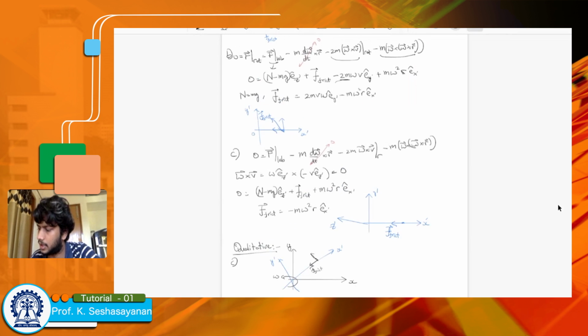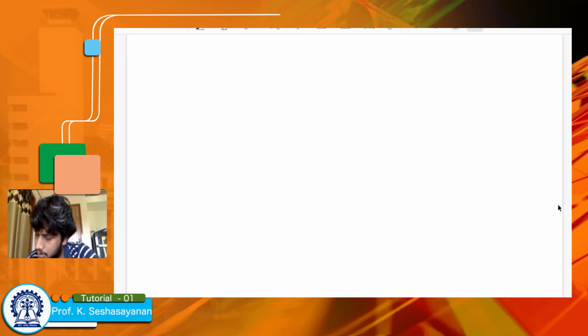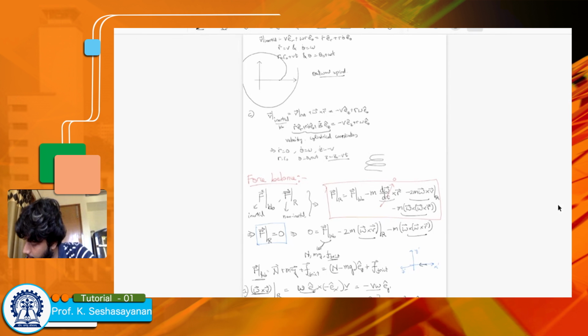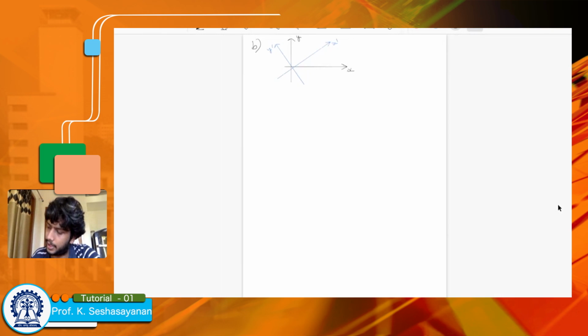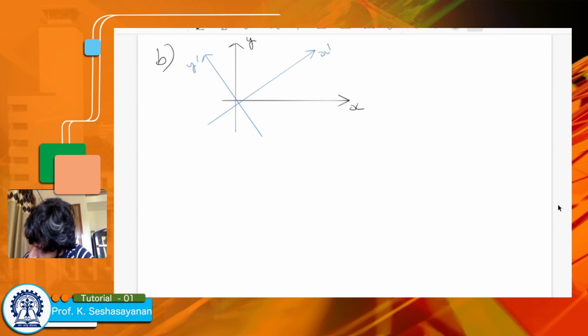Now let's go to the B case, where we found the frictional force to be along plus y prime and minus x prime direction. So you have one component which is along x prime but in the minus direction, and another component in the y prime direction.